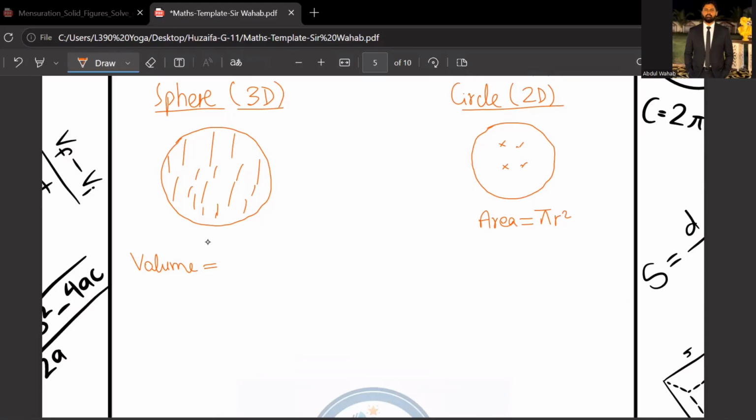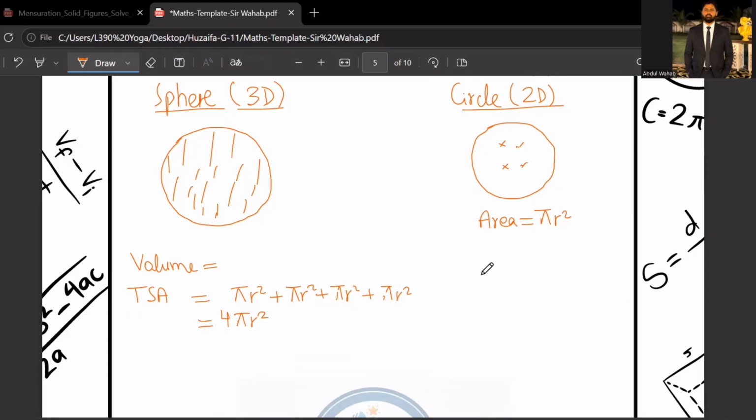So for the sphere, if we discuss the total surface area, the area of the circle is pi r square. And for the total surface area, we have four circles that combine to make a complete sphere. We can say the ball or the football. So in simple terms, the total surface area of the football is 4 pi r square.